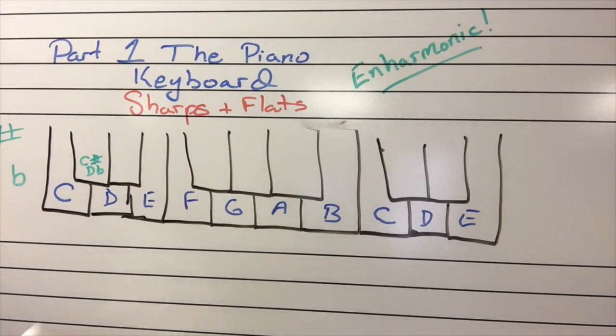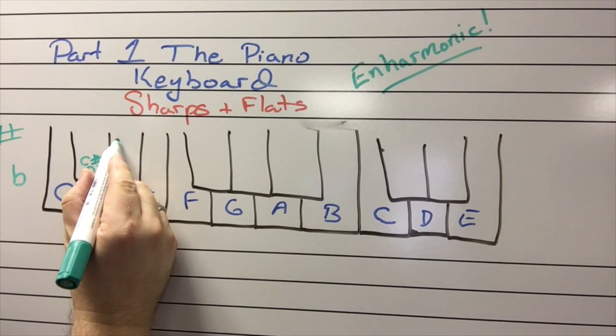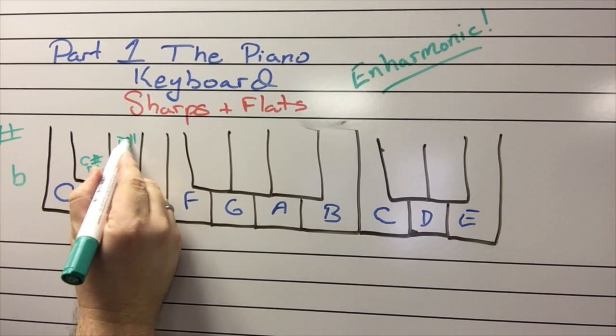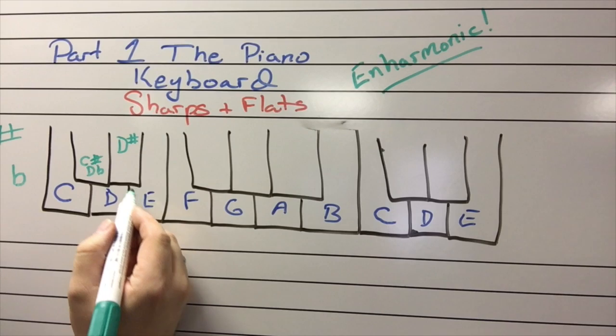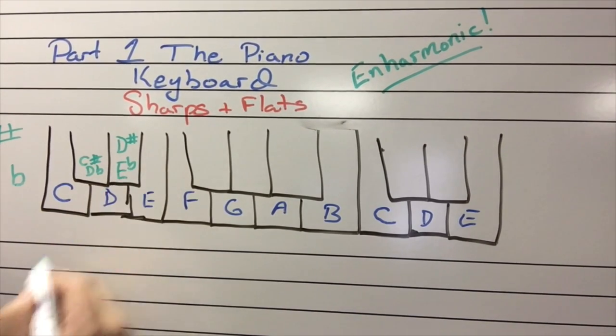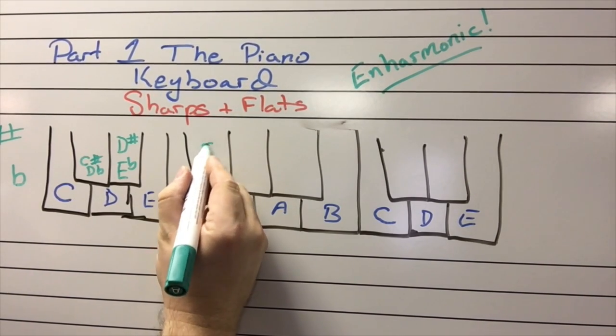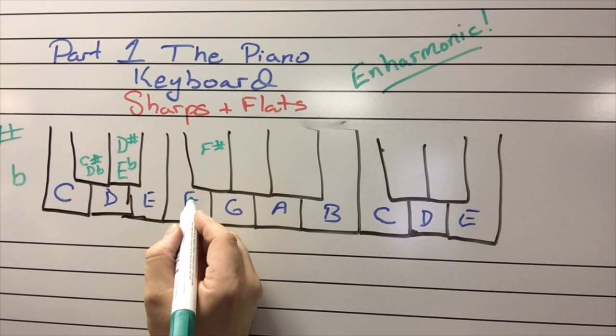Let's go through the other enharmonic notes. D raised by a semitone becomes D sharp. E lowered by a semitone becomes E flat. F raised by a semitone becomes F sharp.